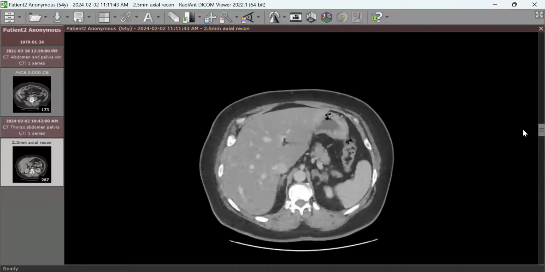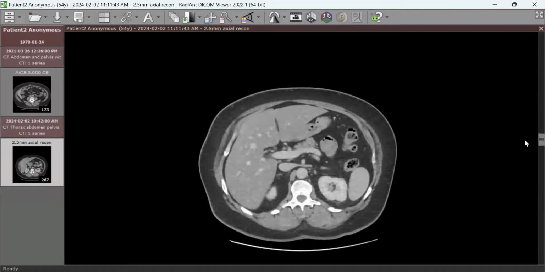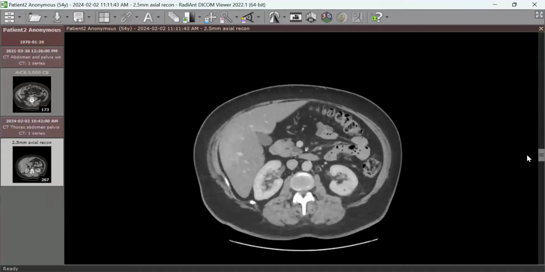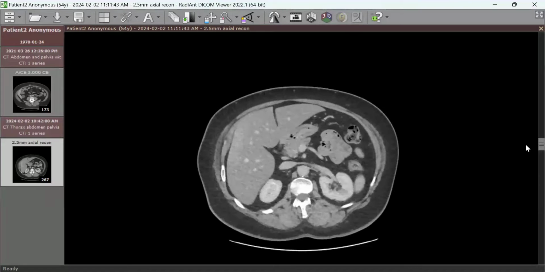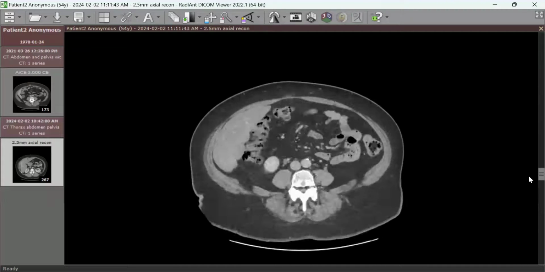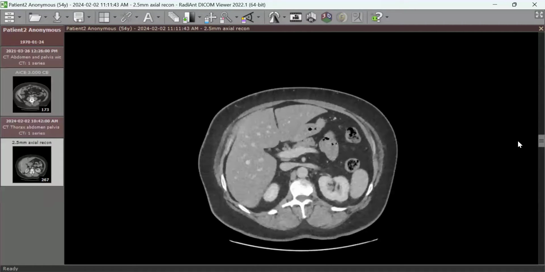Also the spleen, there's no focal lesion. So that's it. You write your report and leave it at this.